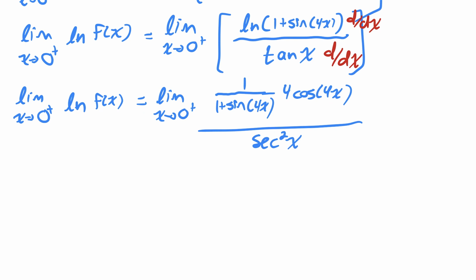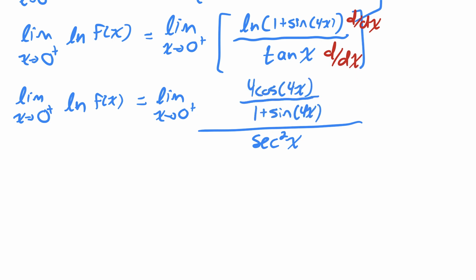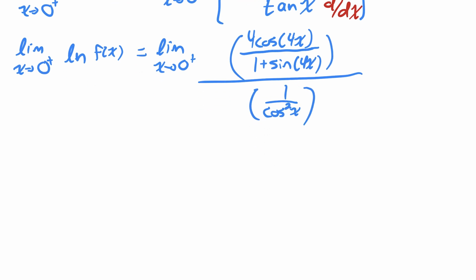Let me rewrite that numerator with the 4 cos of 4x up in the numerator. And remember secant squared is actually 1 over cos squared. I'm writing it like that because now that I have a fraction divided by a fraction, I can multiply by the reciprocal.